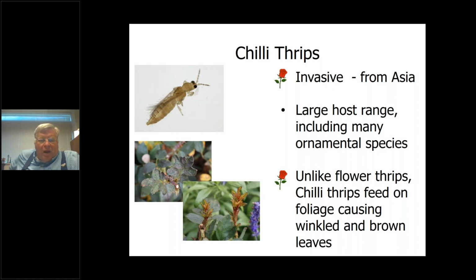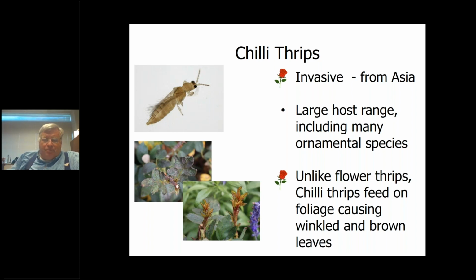And unlike flower thrips that we have dealt with for years, chilli thrips feed on the foliage and will wrinkle the leaves and cause brown leaves. Sometimes the leaves will have a black, distorted appearance to them, as in the middle picture. So this is something that we often have issues with.